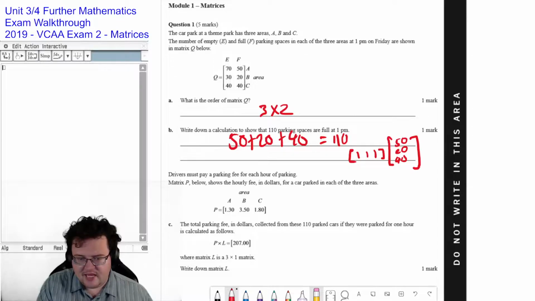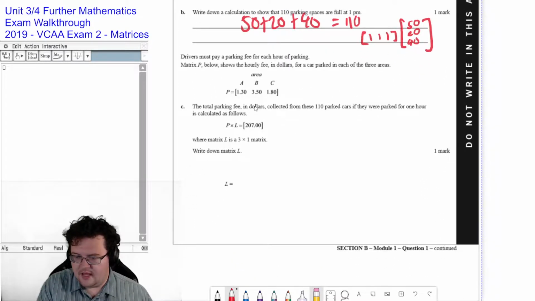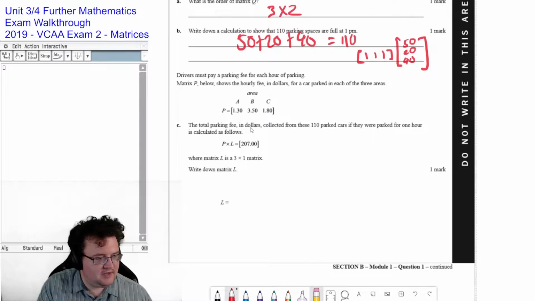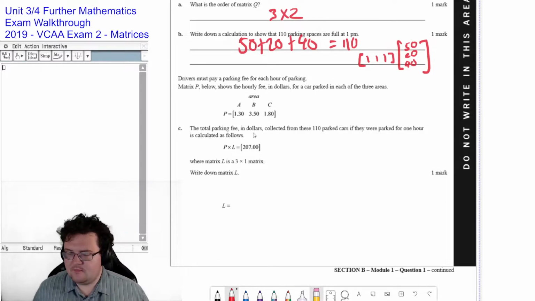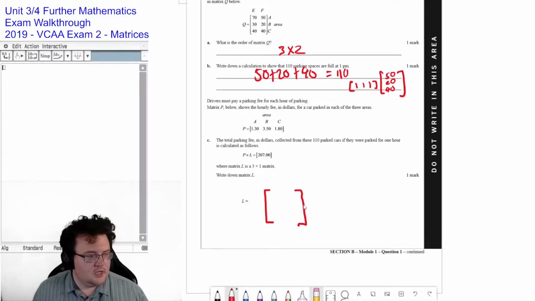Now, the total parking fee is calculated as P by L. What is L going to have to be? Well, if L is a 3 by 1, so it's going to have 3 rows and 1 column, we're going to need to find the numbers that will create that.